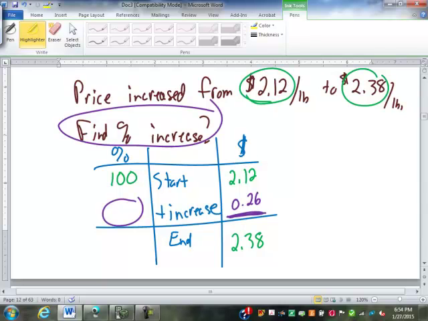We need the line that has the information we're looking for, which is this line right here. We're looking for that percent of the increase. We must have the number on the other side, which we do, the dollar amount. And then there needs to be one of the other lines that has both amounts. This bottom line does not. It's missing the percent, so we don't need that one. The top line has both the percent and the dollar amount, so that's the one we're going to use.